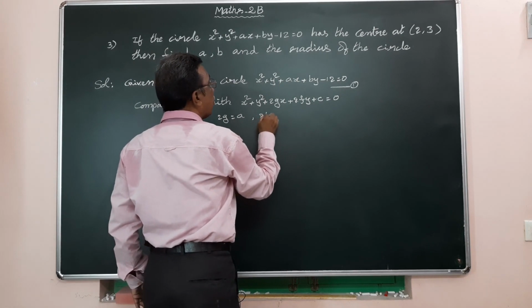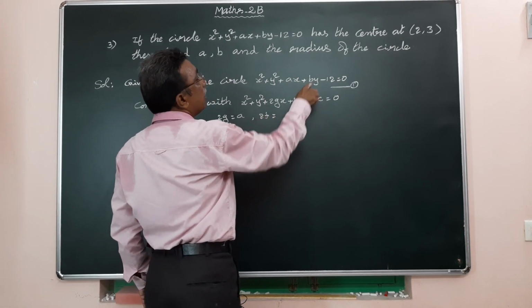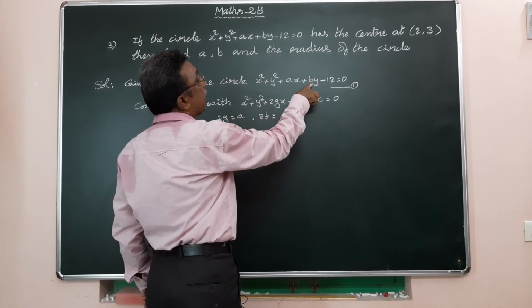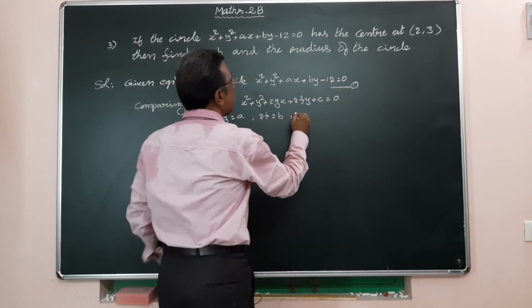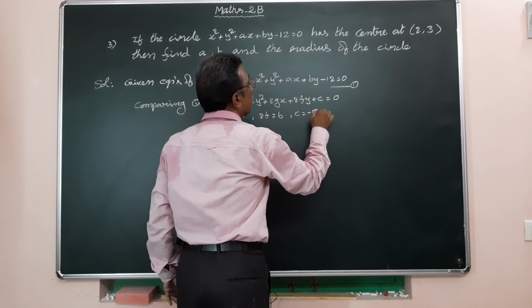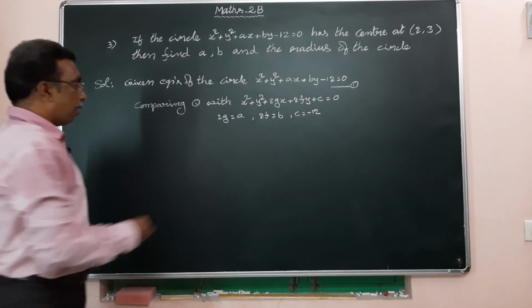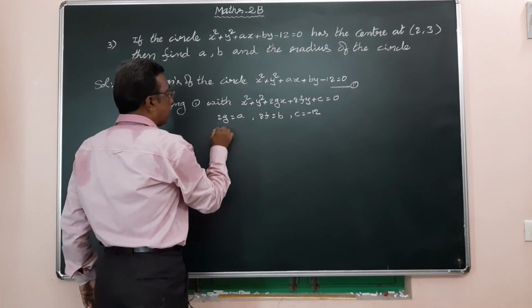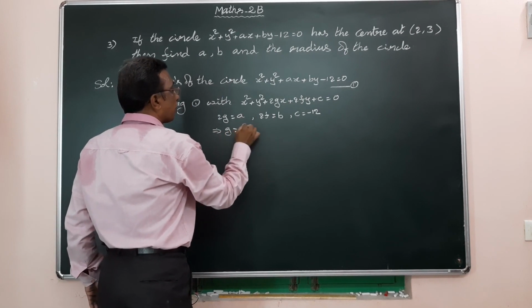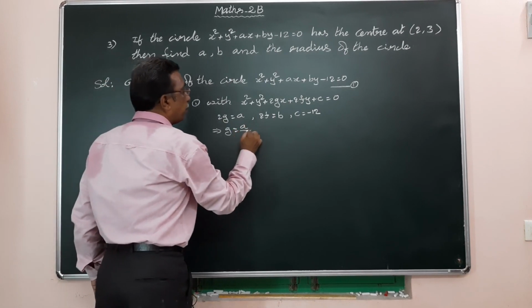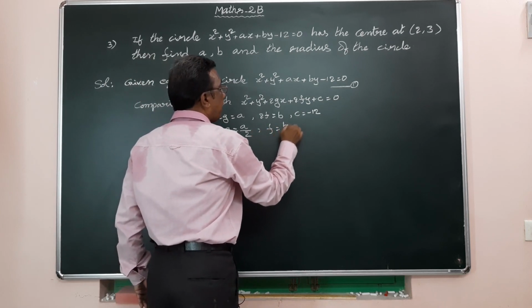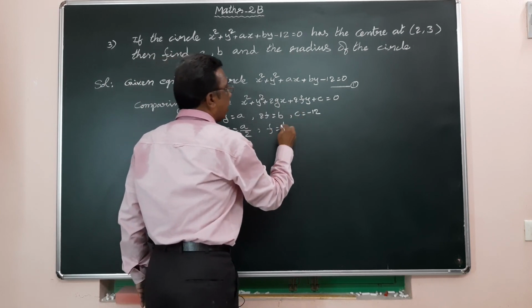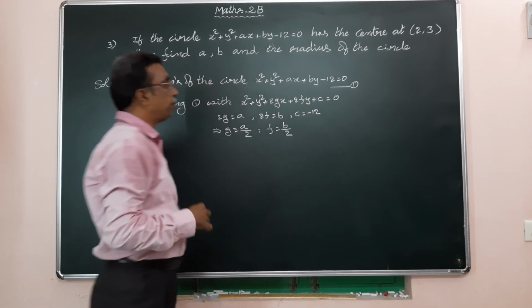The y coefficient is 2f, here b, so 2f equal to b. Next, constant c equal to minus 12. Now we find g value. That implies g equal to a by 2, f equal to b by 2.